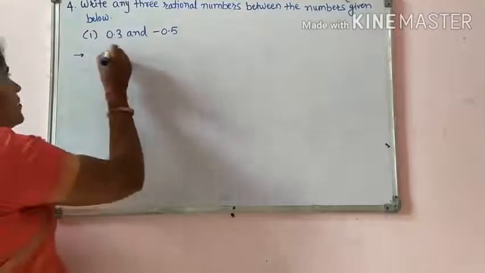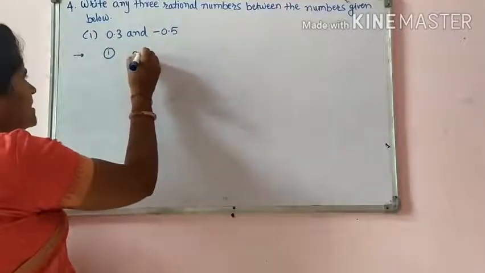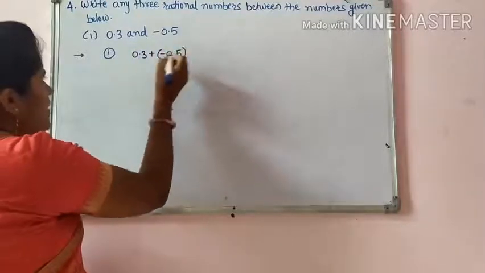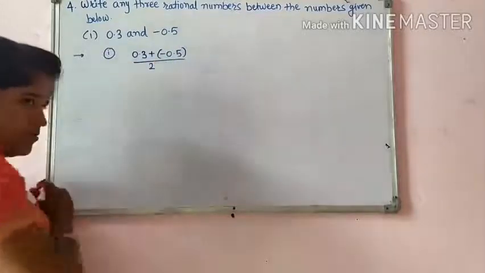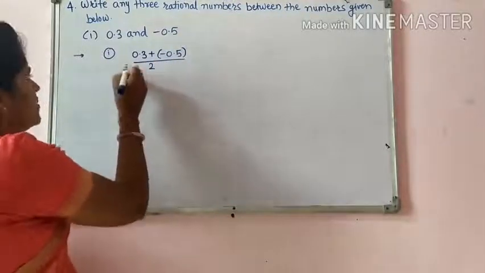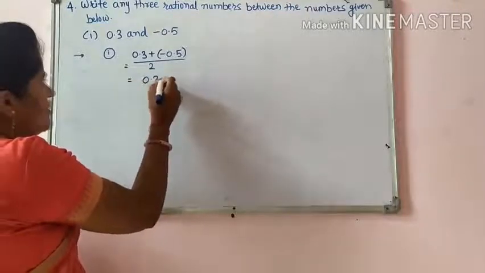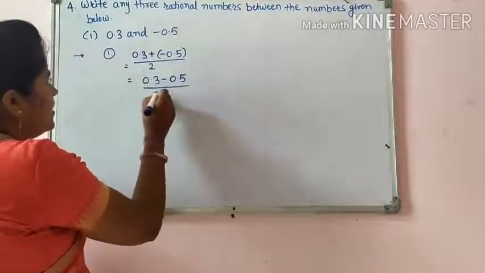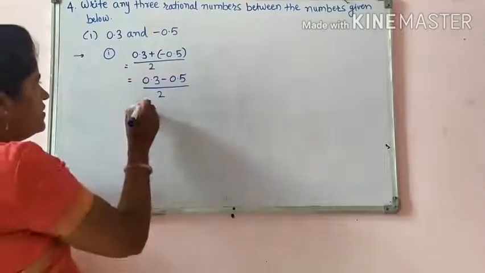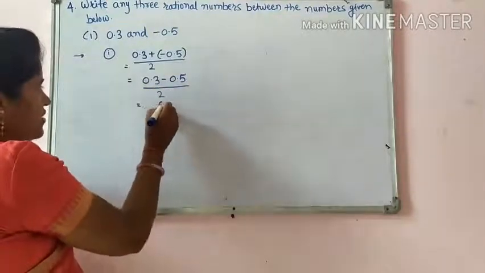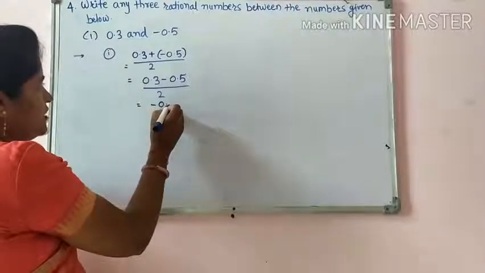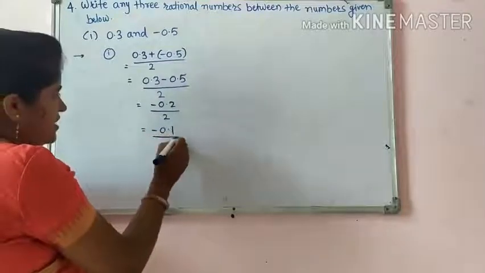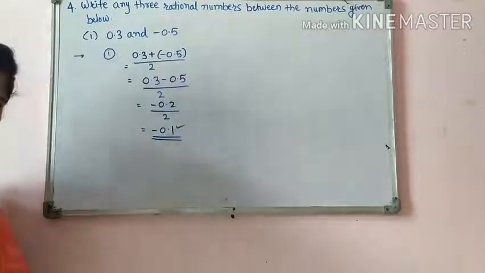So first number we shall get here like this: 0.3 plus minus of 0.5 divided by 2. So this is equal to 0.3 plus of minus is minus 0.5 upon 2. So that is equal to 0.3 minus 0.5, that is minus of 0.2 upon 2. That is minus 0.1. So this is first rational number.